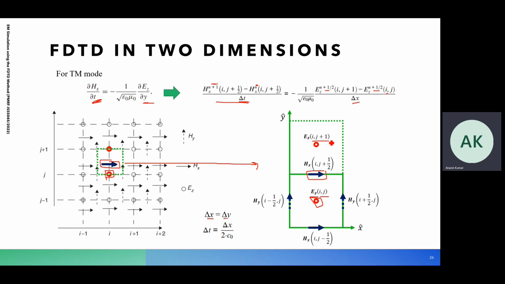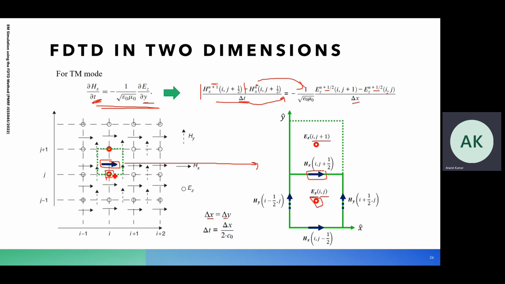So using these two nodes, we can approximate the derivative using finite differences, and hence we get the finite difference approximation of this Maxwell's equation. And now since this is the latest value that we want to calculate, we can send this value over here and multiply it with delta t, and we can get the final update equation for the magnetic field Hx.